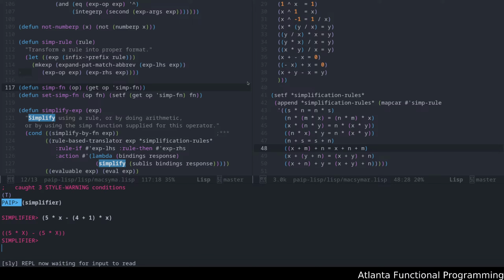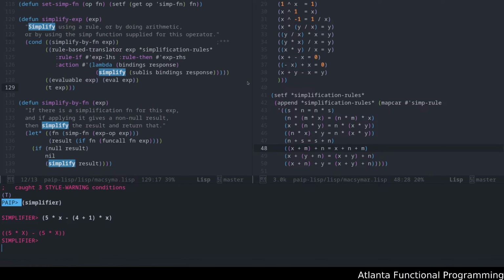So let us see what it's doing. Rule-based translator.